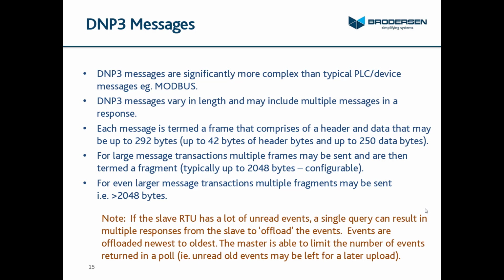And the messages can be quite large. So a little note at the bottom here: if the slave RTU has a lot of unread events, a single query can result in multiple responses from the slave to offload the events, and they are offloaded newest to oldest. The master does have the ability to limit the number of events. It may want to come around again later and retrieve the rest of the events.